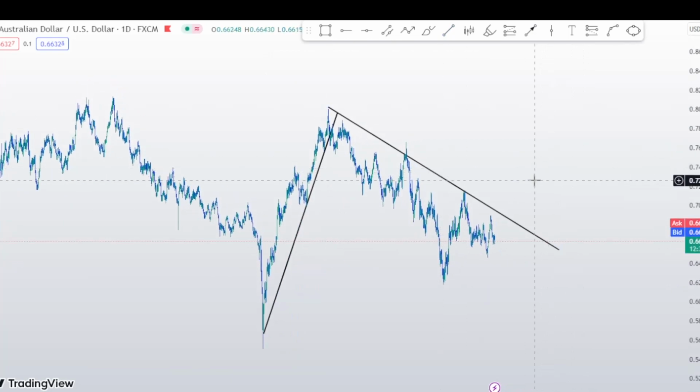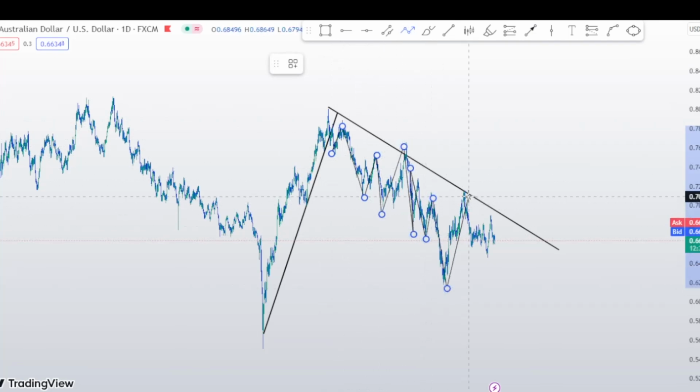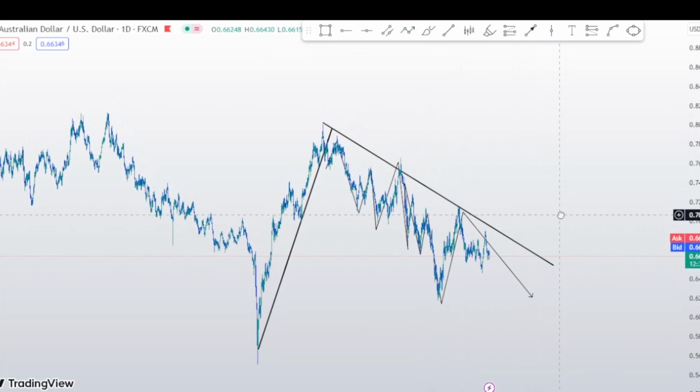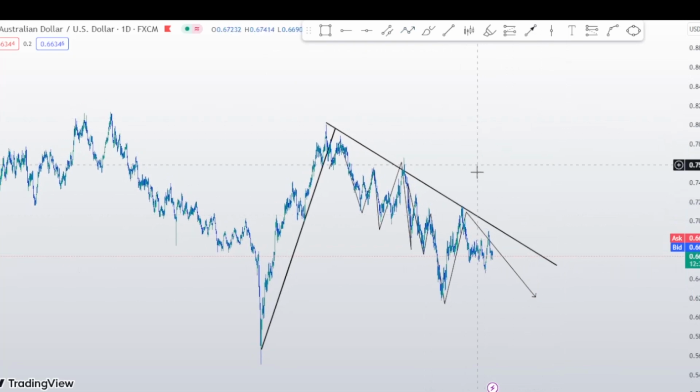Okay, and again, while we are reading our higher highs and higher lows, what can we conclude here on a daily? Since the market is creating lower lows, lower highs, lower lows, lower highs, we can conclude that the market is still going down on a daily time frame until it crosses the last high.